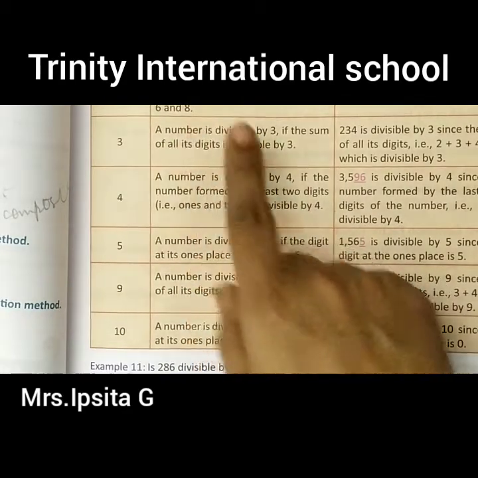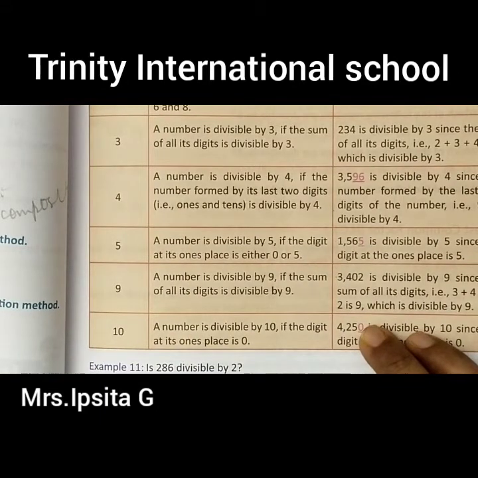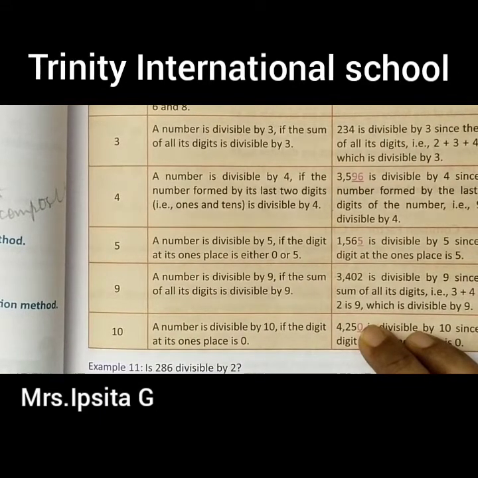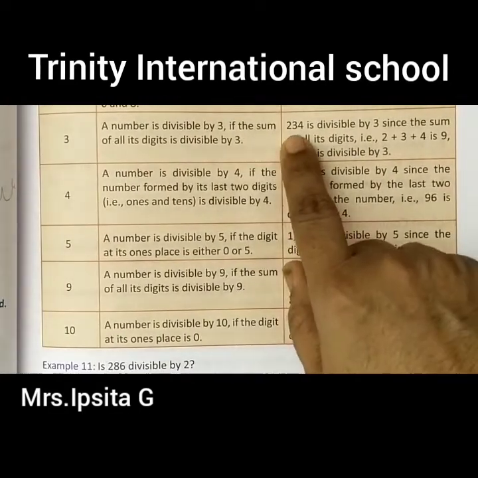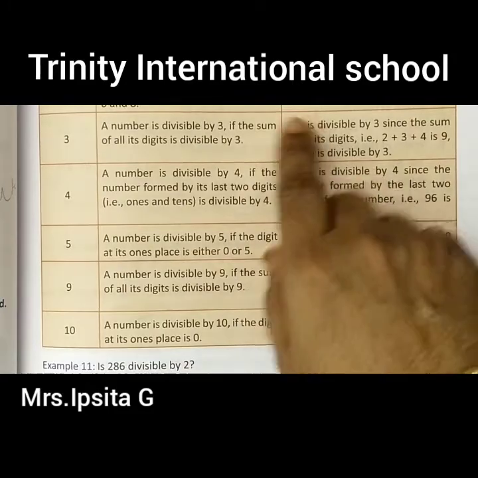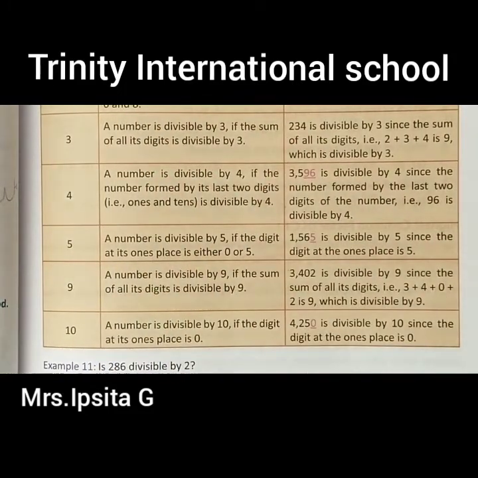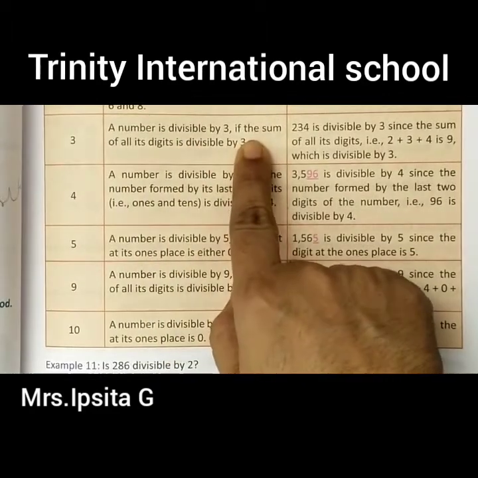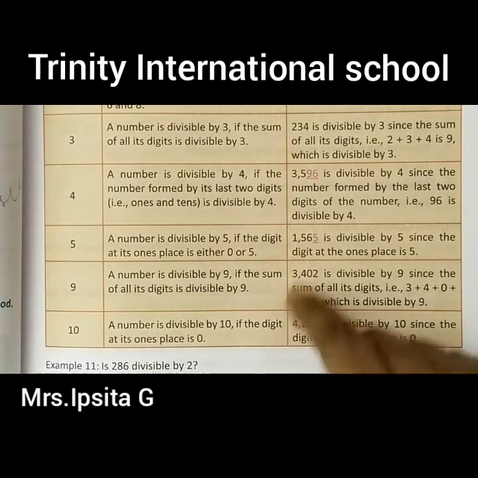Okay, a number is divisible by 3 if the sum of all its digits is divisible by 3. Now let us see the example over here so that you can get the idea of this statement. You will get the idea of this statement from the example, okay.